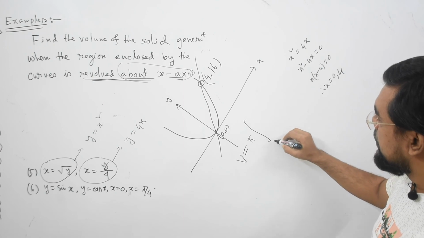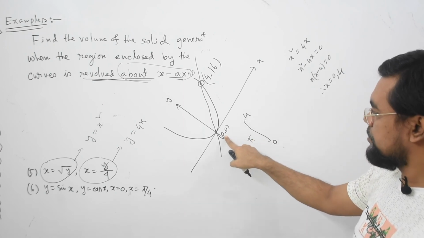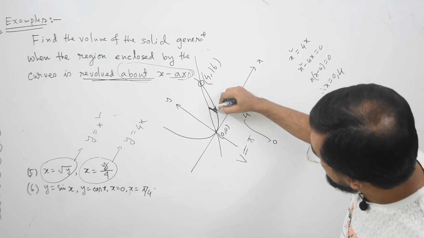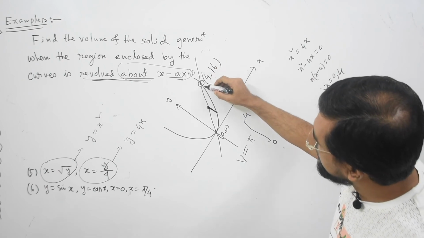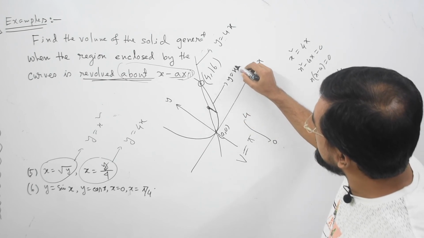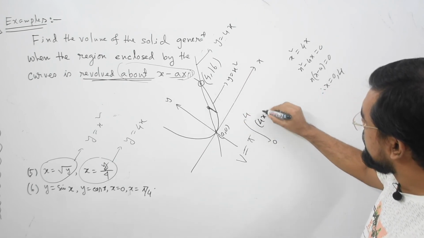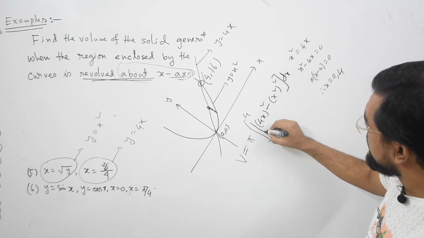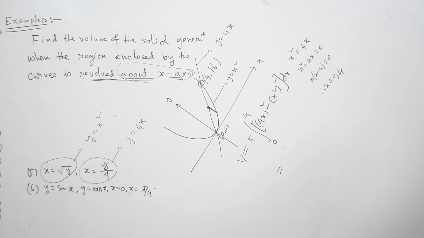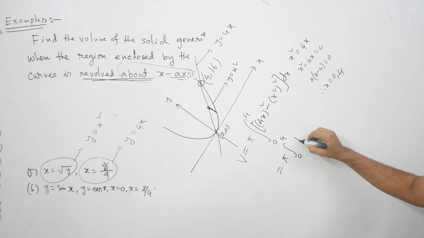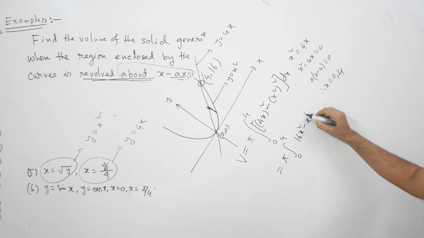pi integral 0 to 4, lower limit of x 0, upper limit 4, and the curve above is this one, which is y equal to 4x, and below is this one, which is y equal to x square. So 4x whole square minus x square whole square dx, and this equals pi 0 to 4, 16 x square minus x to the power 4 dx.